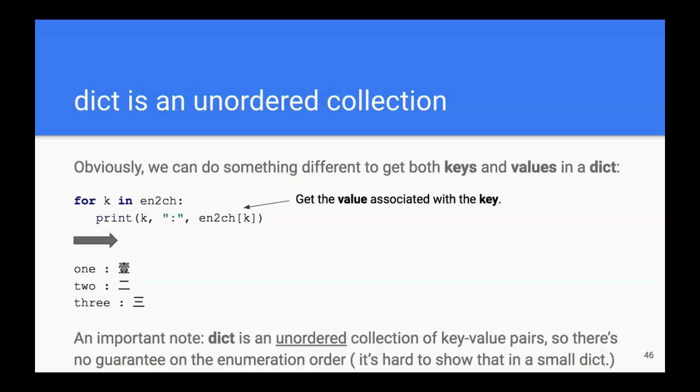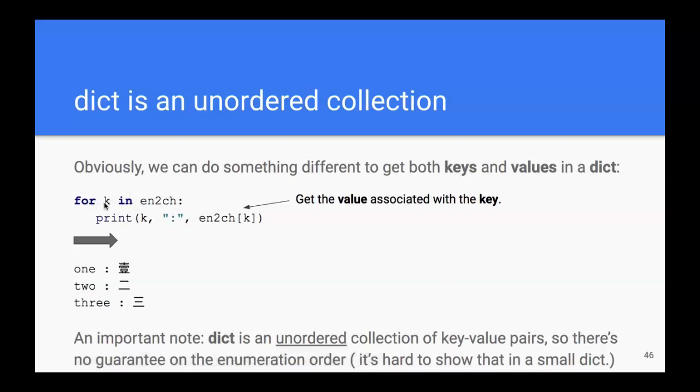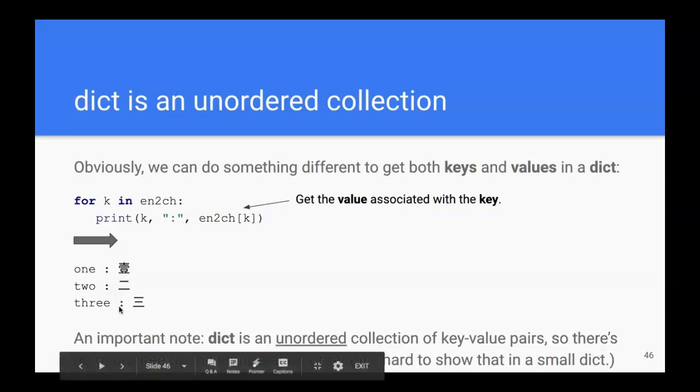They are unordered. What that means is when you enumerate through this using syntax like this, for something in that dictionary, there's no guarantee that the order is going to come out as 1, 2, 3.